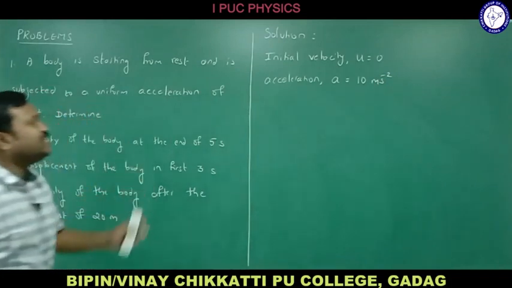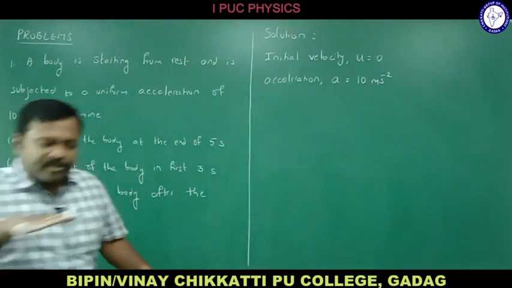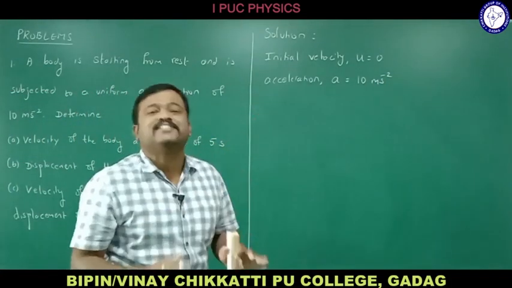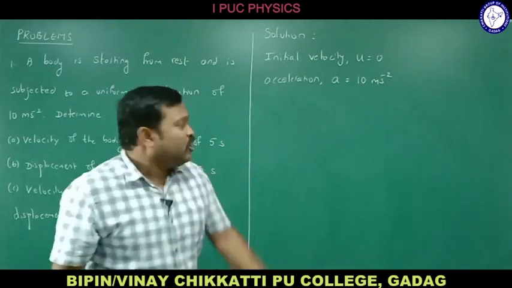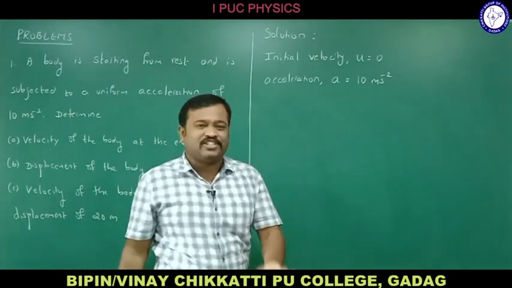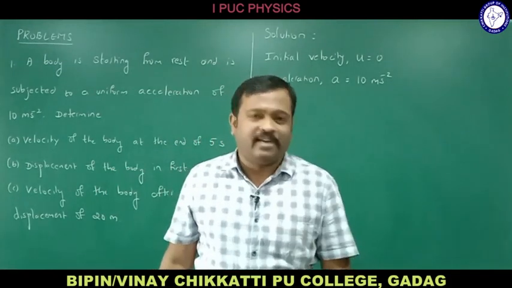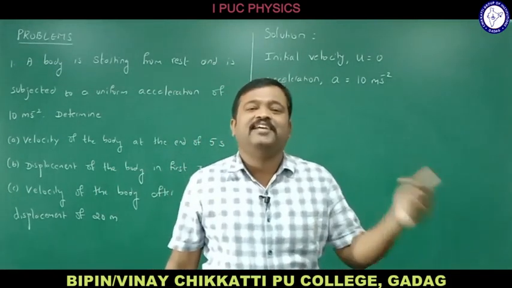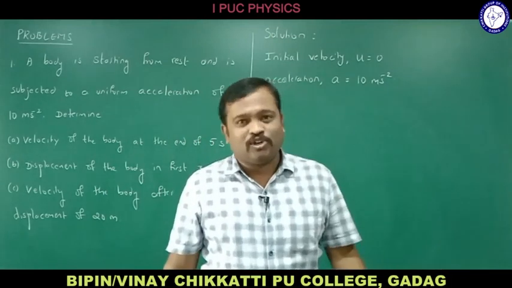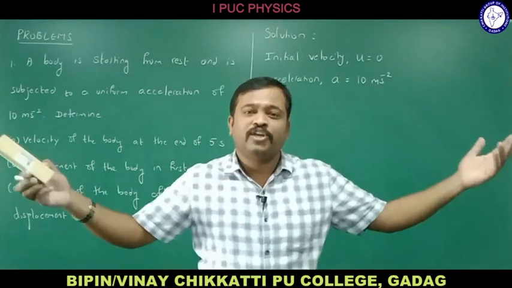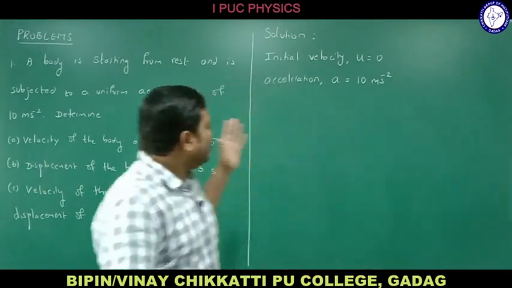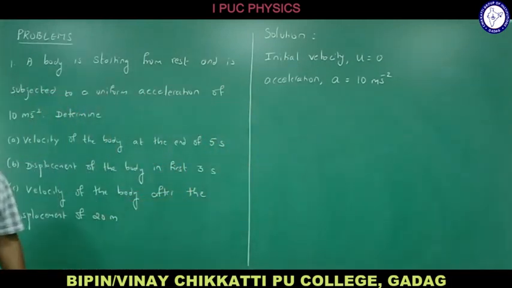Do remember, whenever a body is moving with uniform acceleration, you can use kinematic equations. We have three kinematic equations. V is equal to U plus AT, S equal to UT plus half AT square, V square is equal to U square plus 2AS. You can use any formula which is suitable for the problem. Okay, let me begin to solve the problem.